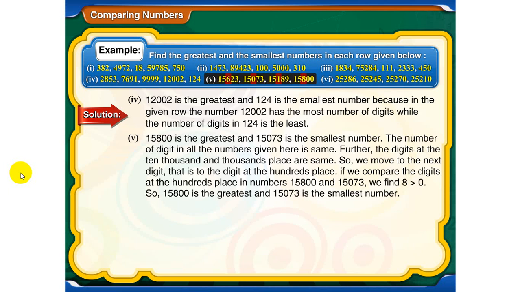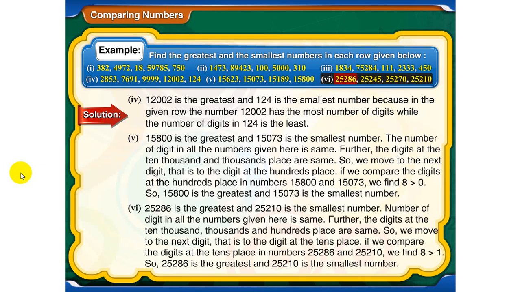If we compare the digits at the hundreds place in numbers 15,800 and 15,073, we find 8 is greater than 0. So, 15,800 is the greatest and 15,073 is the smallest number.